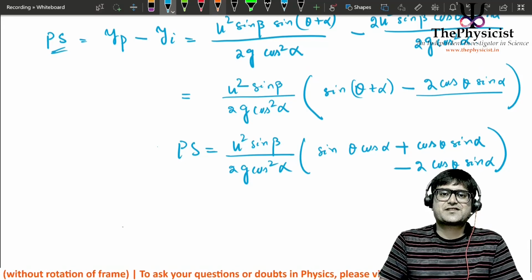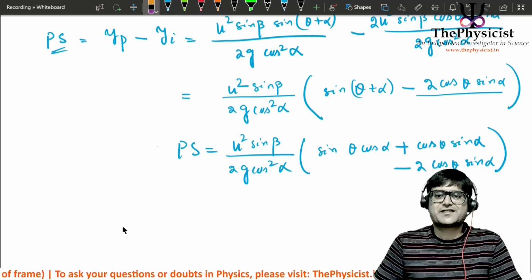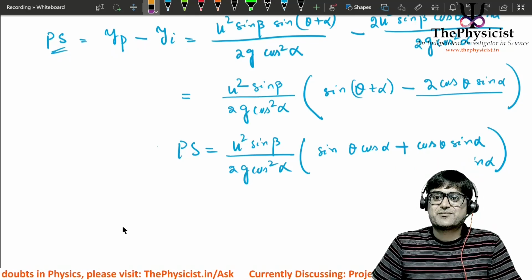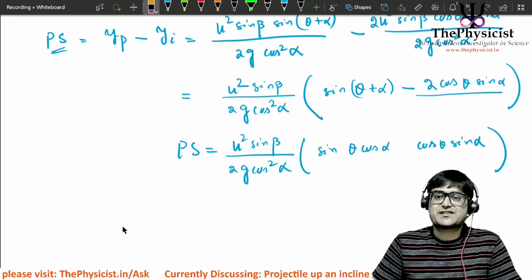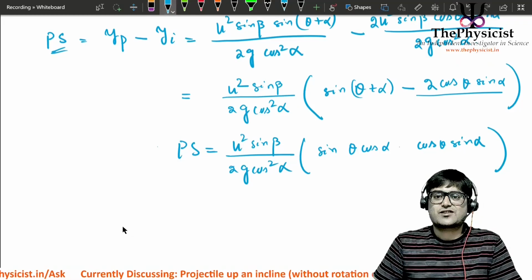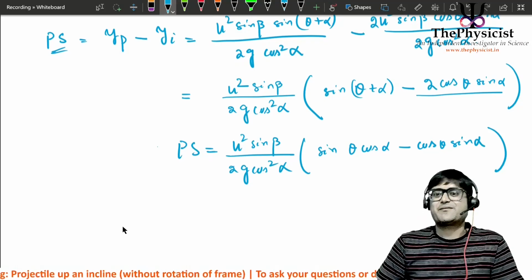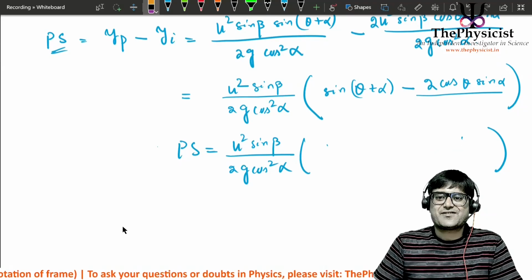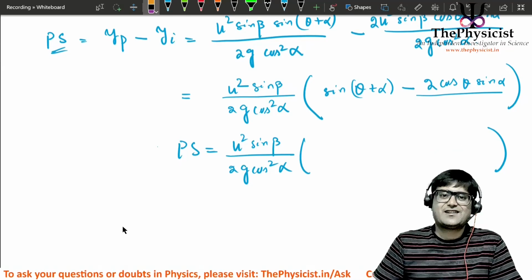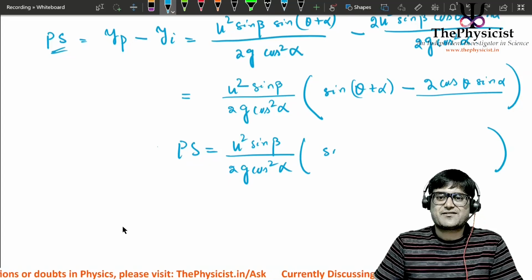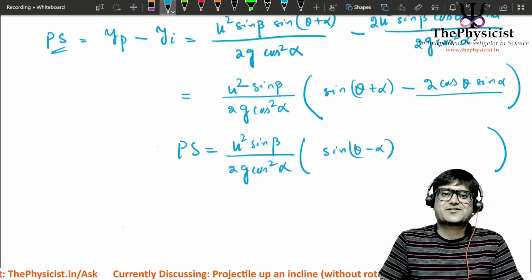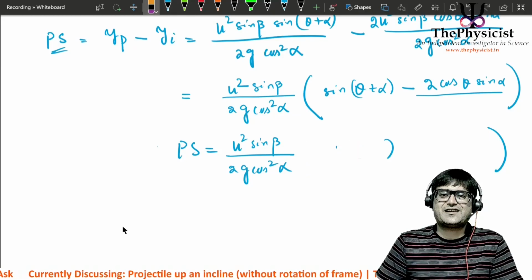So this would result in a very easy deduction. Cos theta sine alpha minus 2 cos theta sine alpha is simply minus cos theta sine alpha. Now this resembles a very simple formula. Sine theta cos alpha minus cos theta sine alpha is simply sine theta minus alpha. But theta minus alpha is beta, so I will write it simply as sine beta.